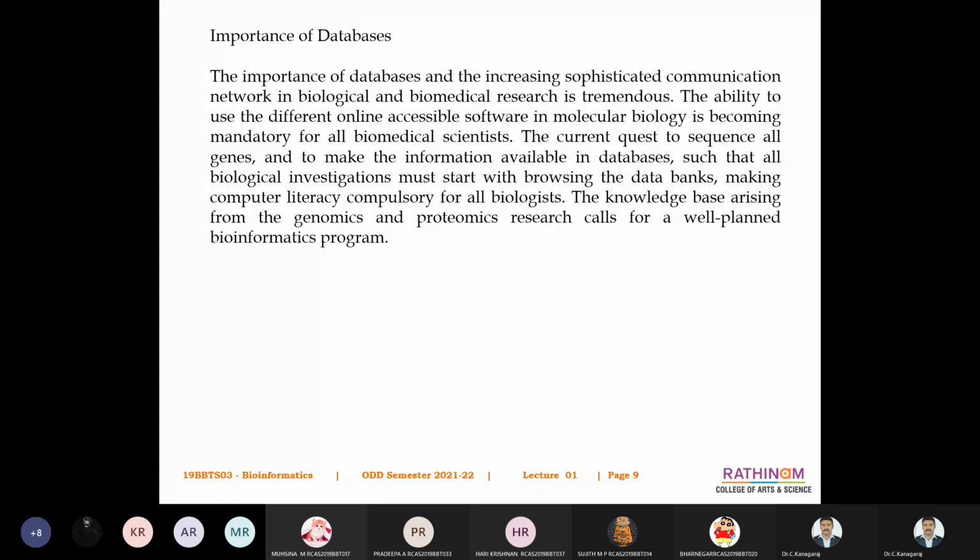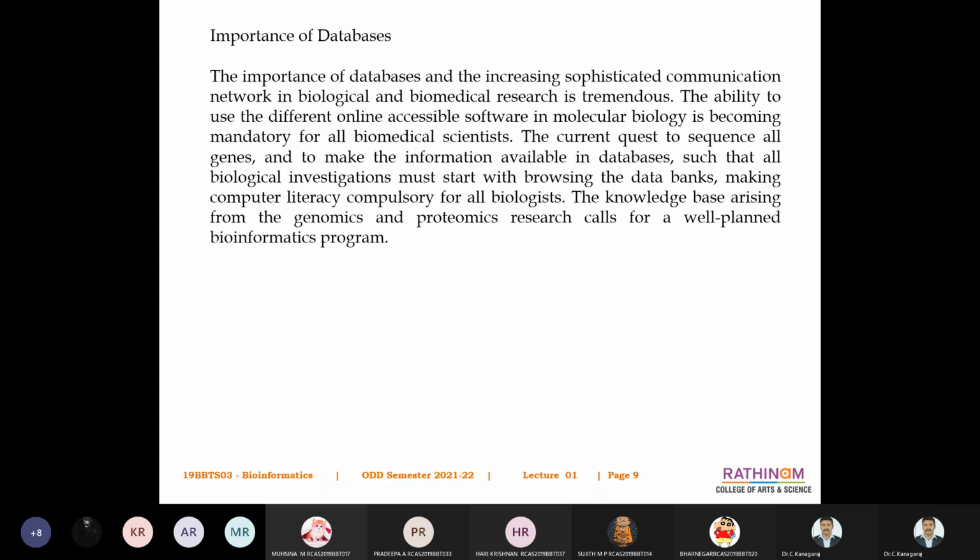Okay. The importance of databases, and more importance to the sophisticated communication network in biological and biomedical research. The ability to use different online accessible software in molecular biology is becoming mandatory for all biomedical scientists.